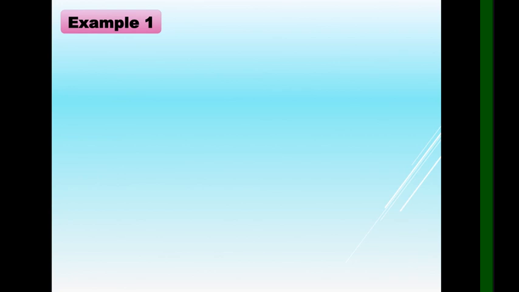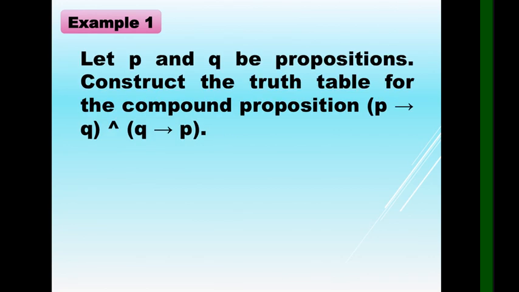I would like you to first watch videos or review the different logical operators: negation, disjunction, conjunction, biconditional, and conditional statements, so that understanding this lesson will be easy for you. Okay, so now let's proceed to example 1.